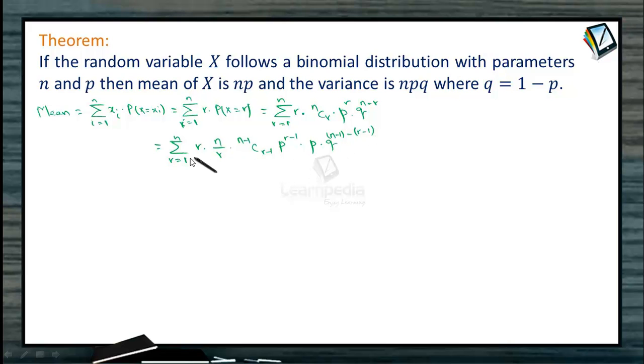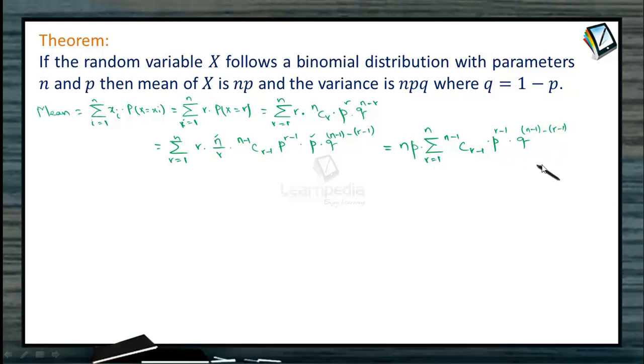Now, the terms which are not affected by r, let's pick them outside. What is remaining? n comes out of this expansion, and the p which is taken out separately comes out too, and what is the remaining expansion now? This is sigma r equal to 1 to n. Yes, r and r get cancelled, leaving us with (n minus 1)C(r minus 1) p to the power of r minus 1 into q to the power of n minus 1 minus (r minus 1).